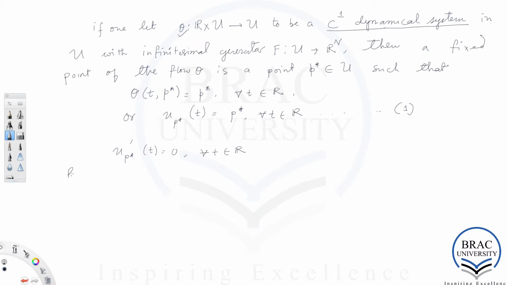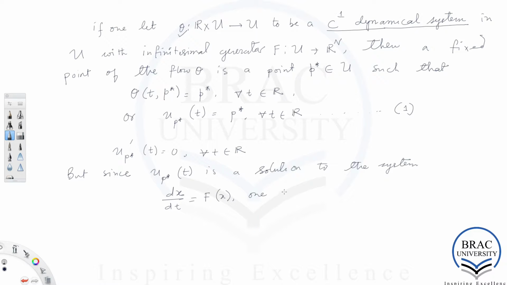But observe that since U P star evaluated at T is a solution to the underlying system dx by dt is equal to f of x, right? The underlying differential equation, and U P star T solves this differential equation.